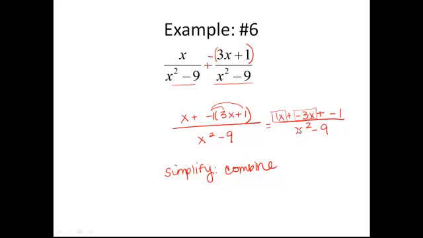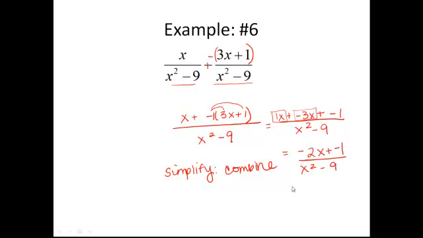They're just not like terms. So when you combine 1x plus -3x, you look at those coefficient numbers in the front and add those. So 1 plus -3 is -2x, plus -1, all over x squared minus 9.